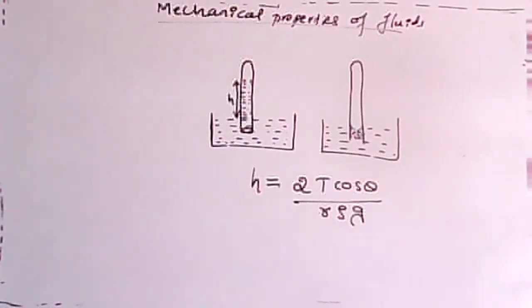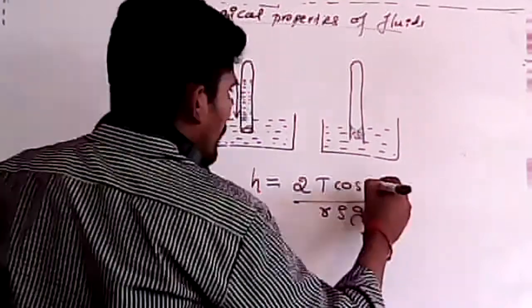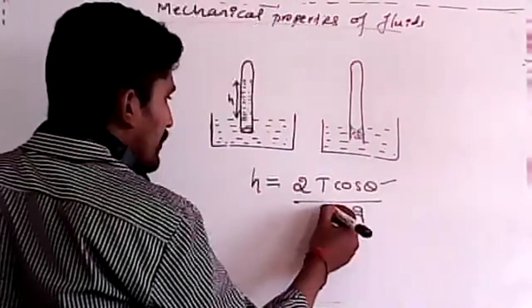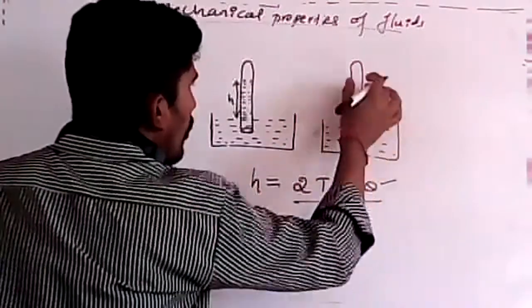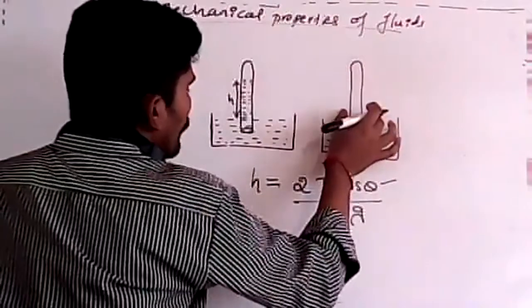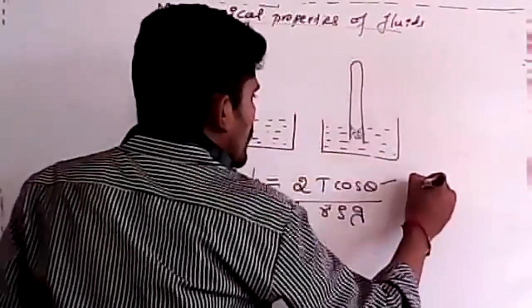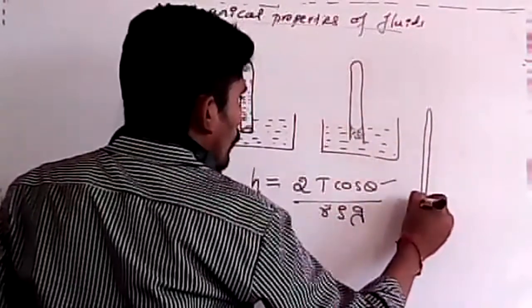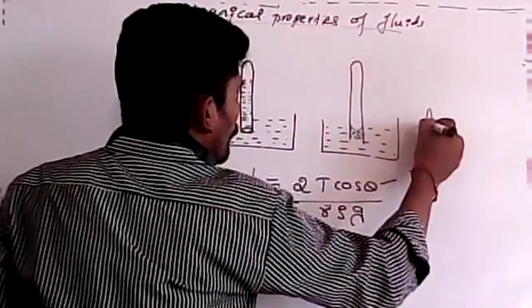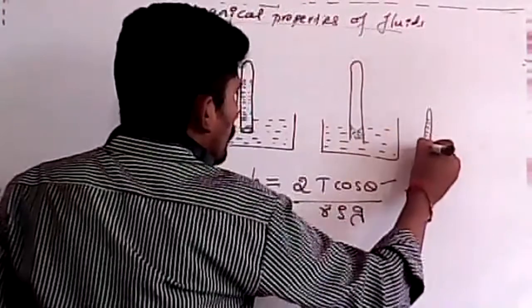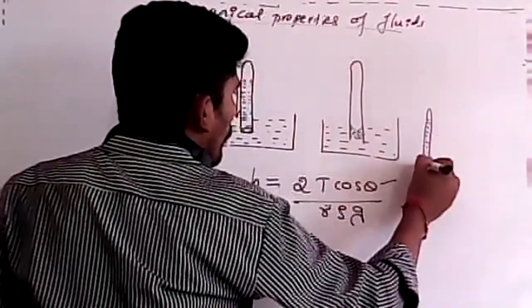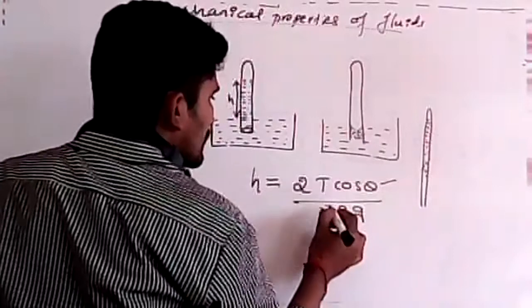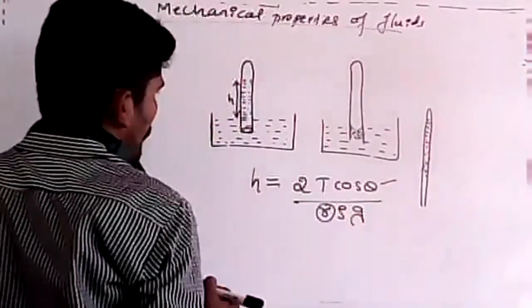Here T means surface tension, theta means angle of contact, r means the radius, how narrow it is. Just remember, students, when the tube is very narrow, the height of water will be more and more, so that depends on the r value also.